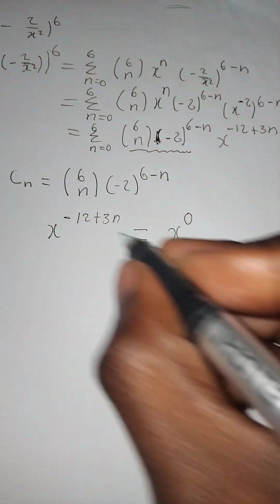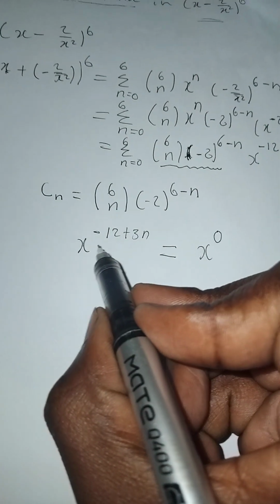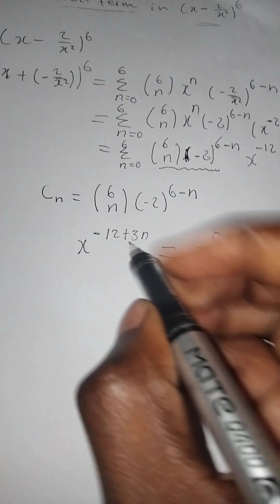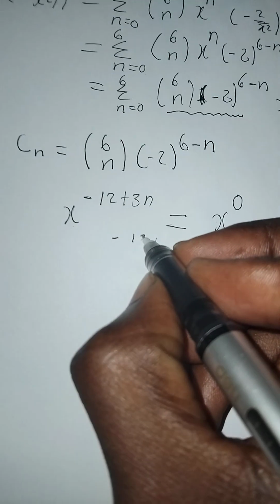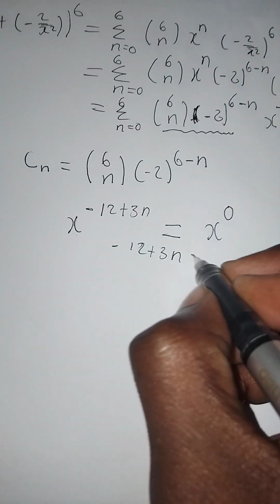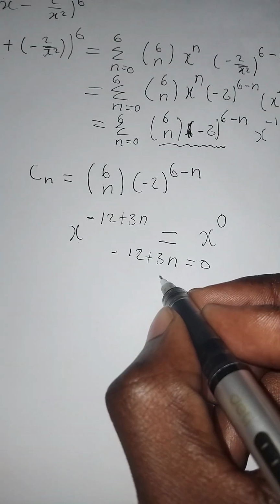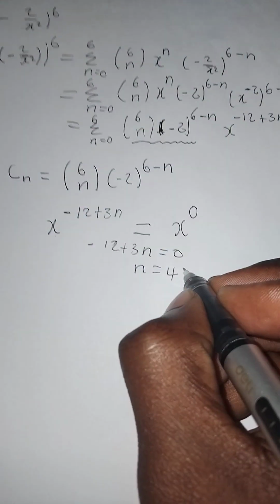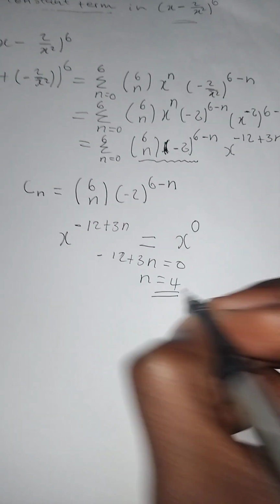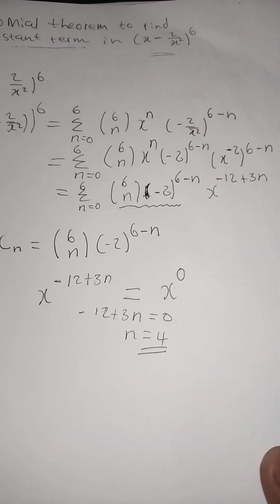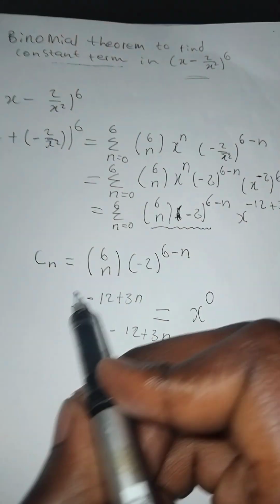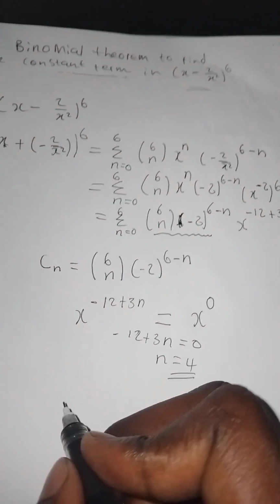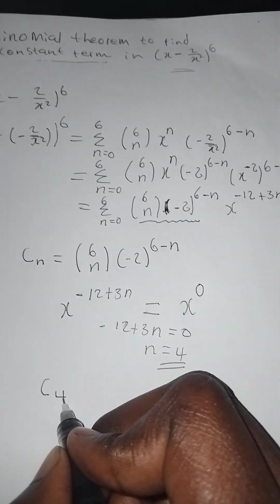Okay, so I'm basically writing down what I was explaining in terms of equations. So mathematically, you know that if bases are the same, we can drop the bases and equate exponents. So minus 12 plus 3n should be equal to 0. So solving for n, take 12 that side, divide by 3, we get that n is 4. Okay, so yeah, that is how we get n as 4, just like that. So now we can find the constant. So the constant, n is 4.